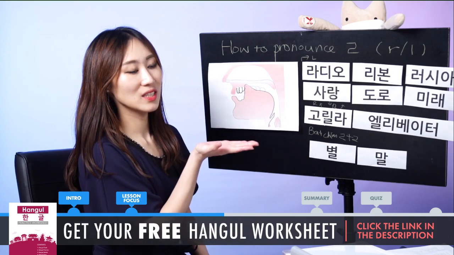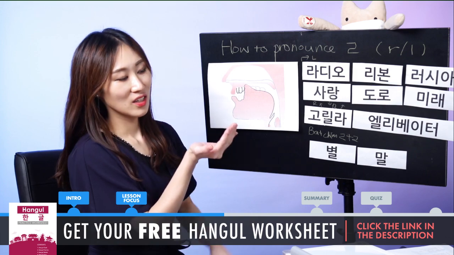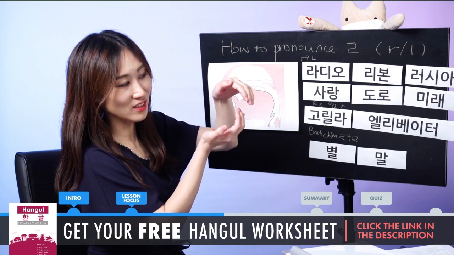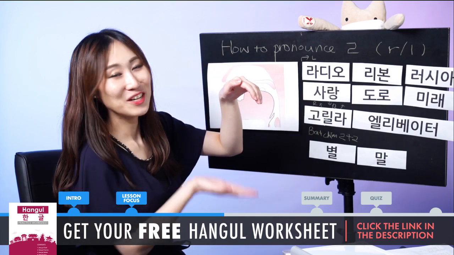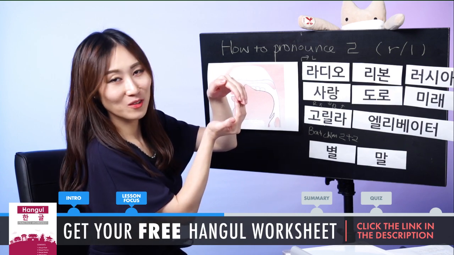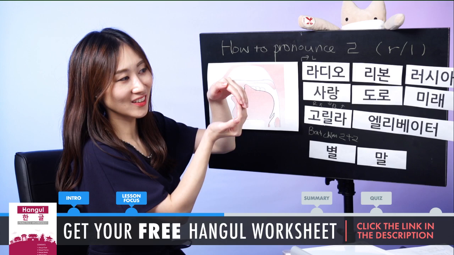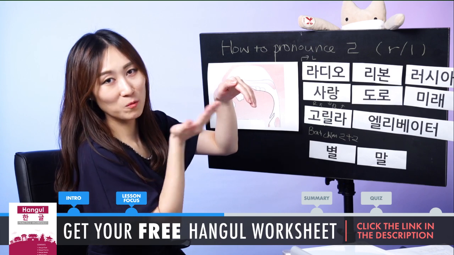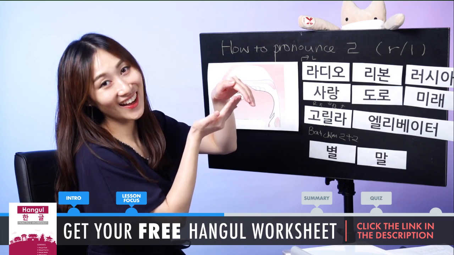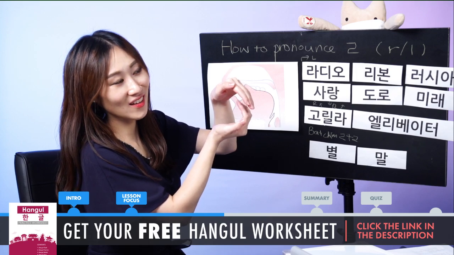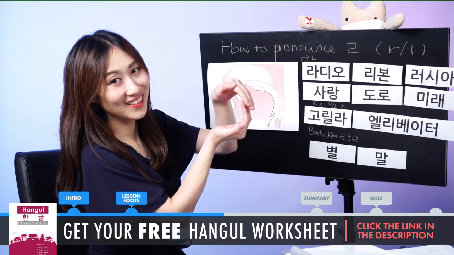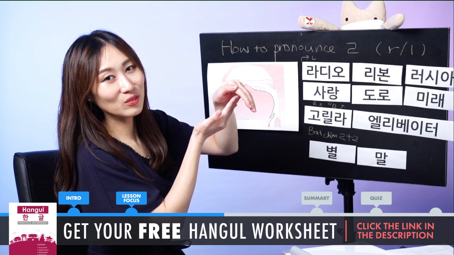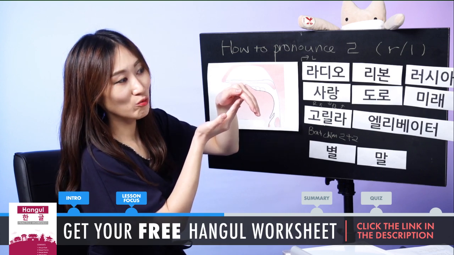But I want to show this too. When you pronounce L, the shape of your tongue is like this. Okay, this is the roof of your mouth, and this is teeth. So your tongue is like L, very curved, right? And the Korean R is more like la. It's more flat. English la. Korean R, Korean la. When you pronounce the D sound in English, it's really flat like this, right?